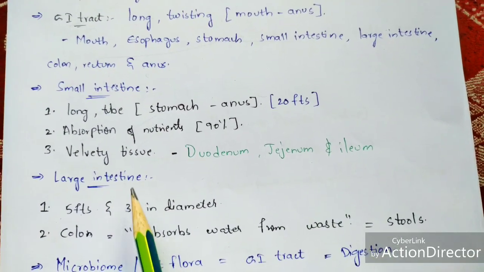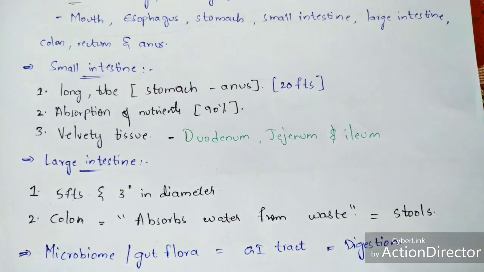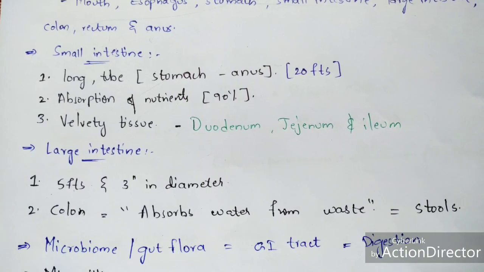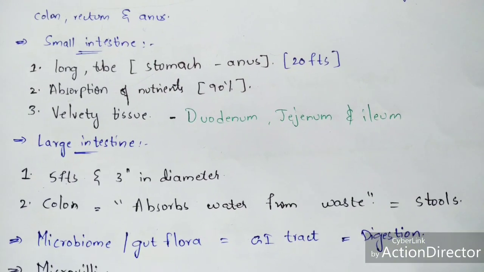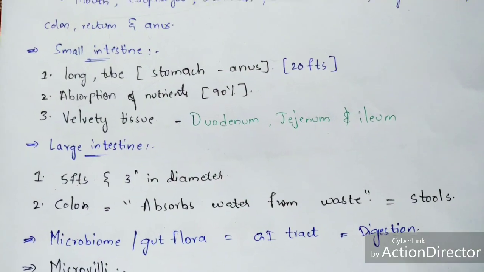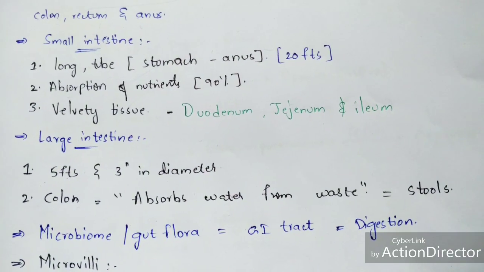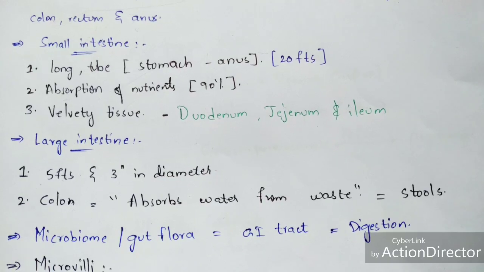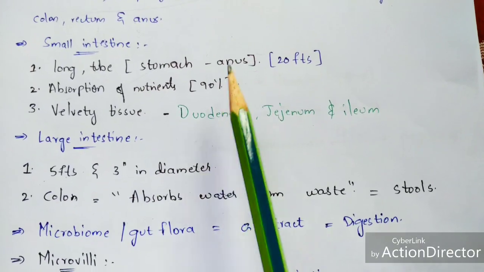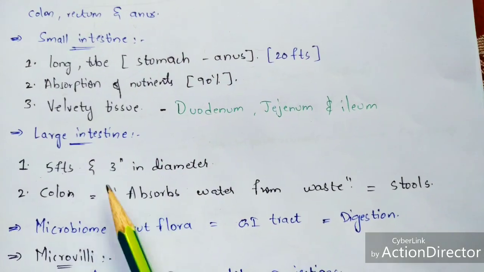Coming to the large intestine, its size is 5 feet and 3 inches in diameter in the case of an adult. It is very important to remember the colon. The large intestine consists of the colon, and its main function is to help in the absorption of water from the waste. I have told you that 90% of the absorption takes place in the small intestine, and the remaining 10% takes place here.